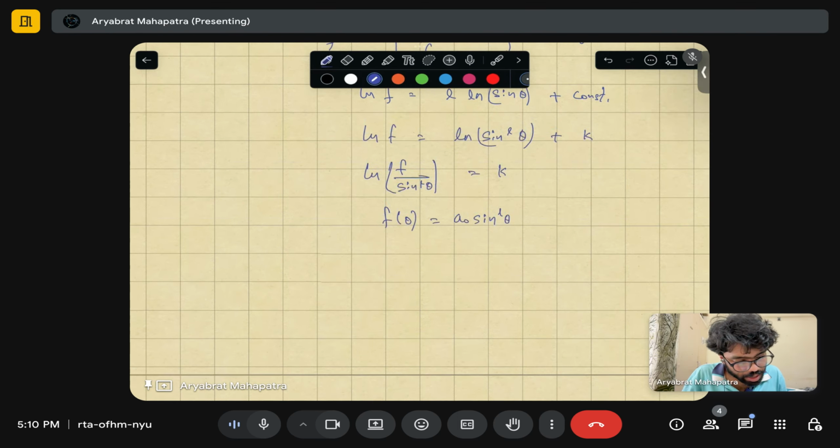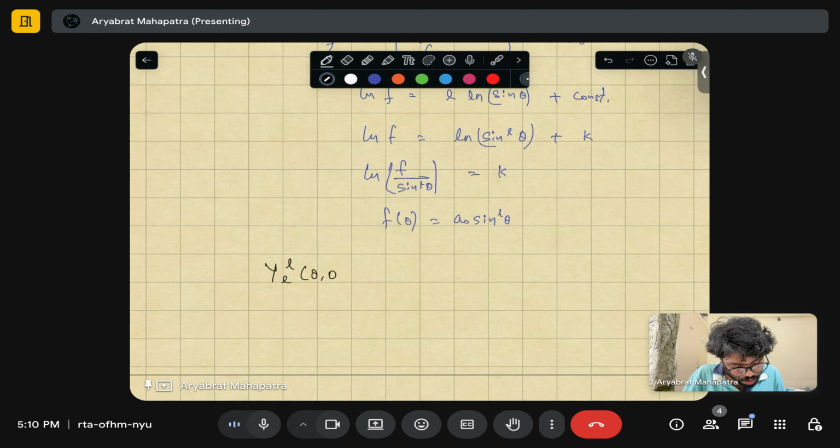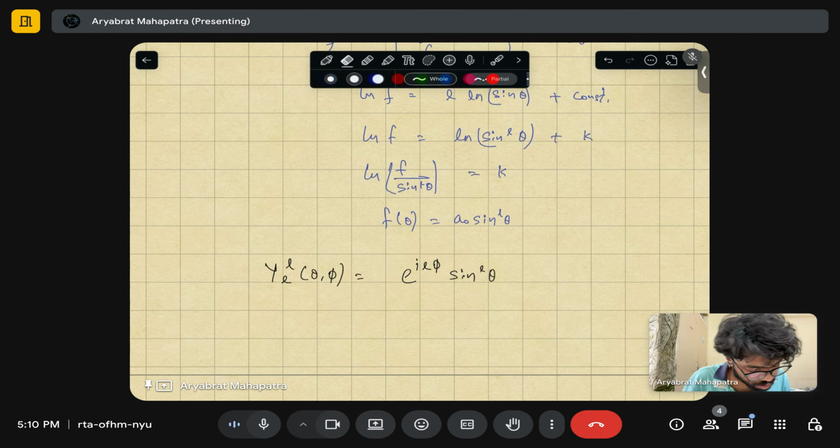So now we finally have Y_ll of theta phi as k tilde e to the power i l phi sine to the power l theta, or basically I'm writing this as n.